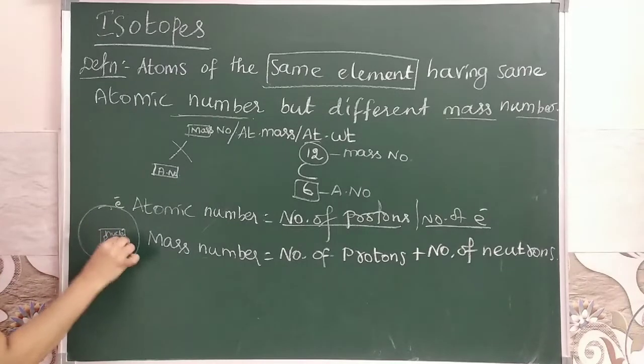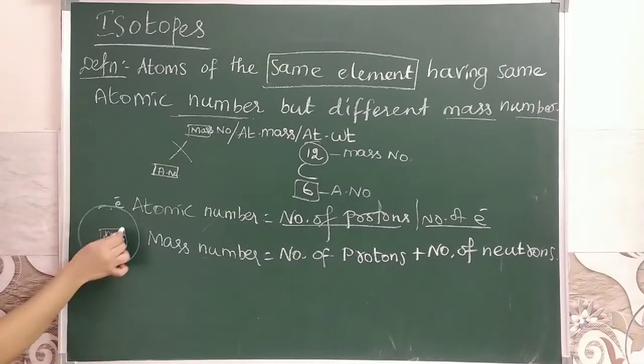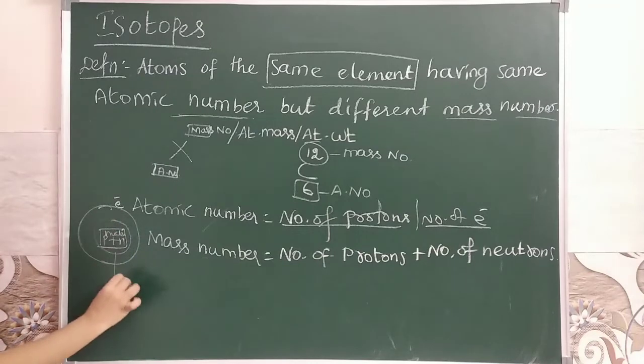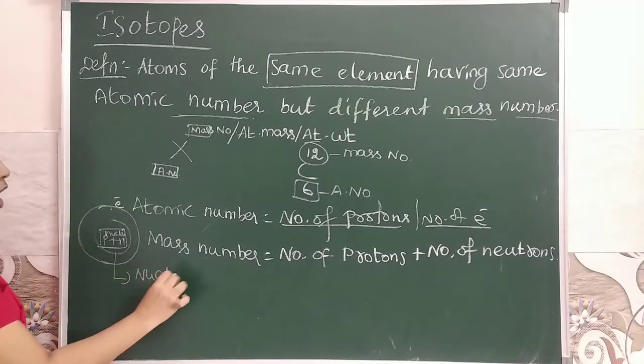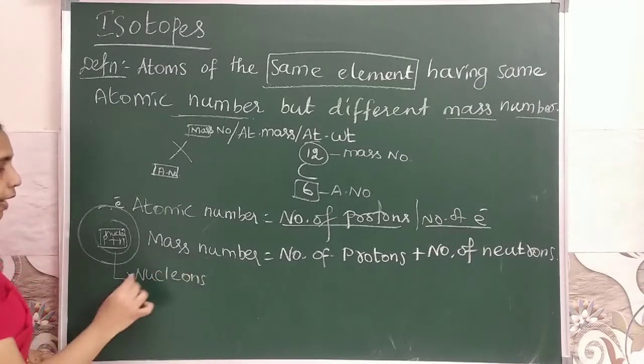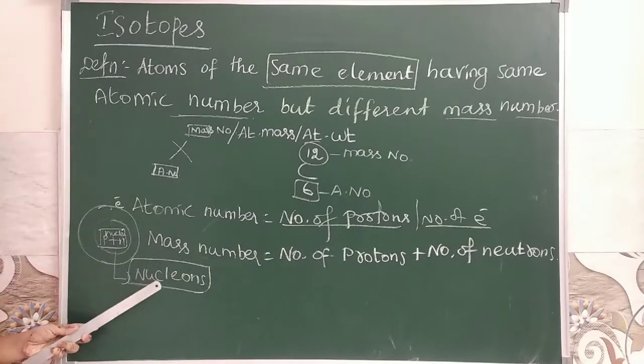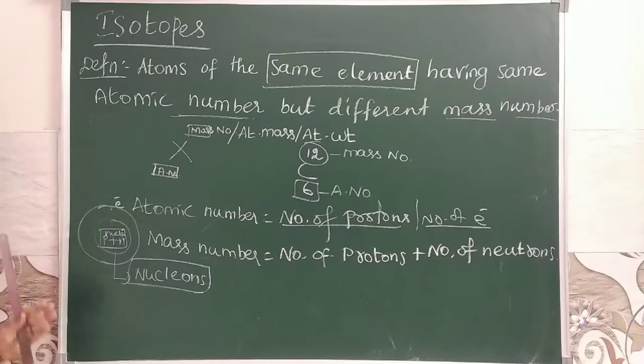Protons and neutrons are present in the nucleus, while the outermost electrons revolve around it. Protons and neutrons together are collectively called nucleons.